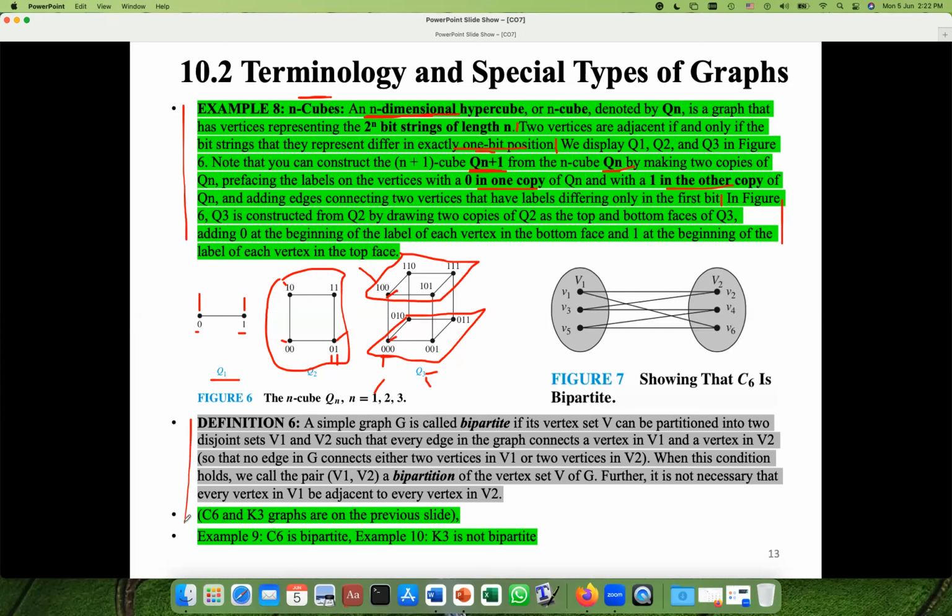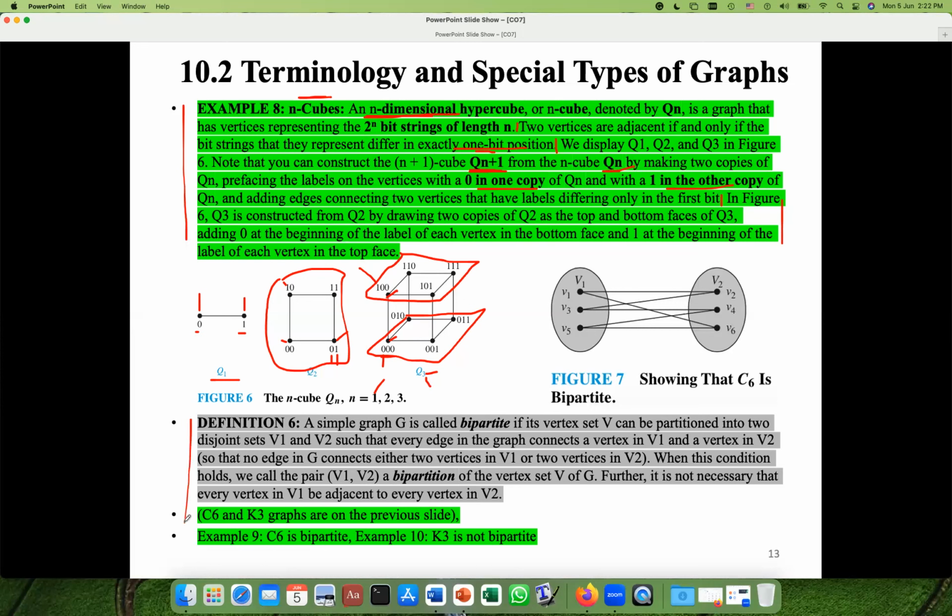So if you have a graph, you have to divide the vertex set of that graph into two subsets. You have to divide in such a way that you will have some edge from V1 to V2. After dividing it, you have to draw all its edges according to that graph, and then you have to see whether these conditions are fulfilled or not.